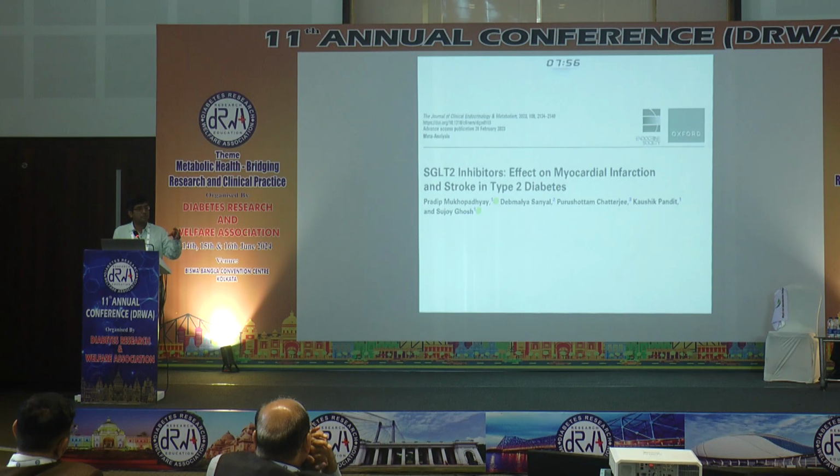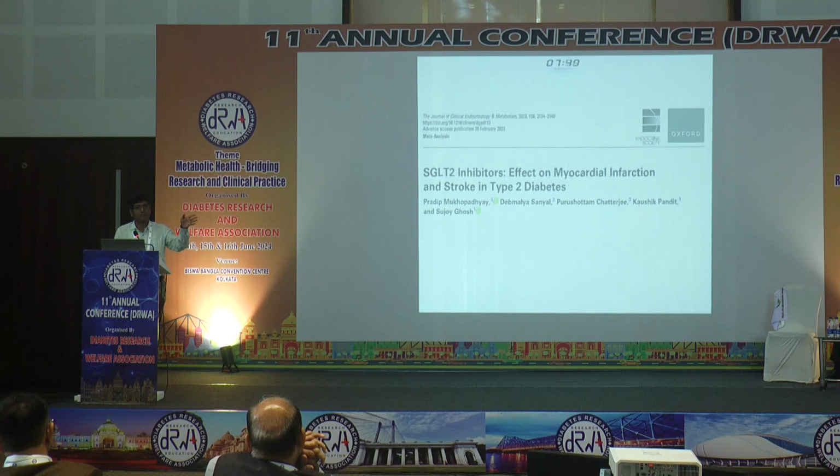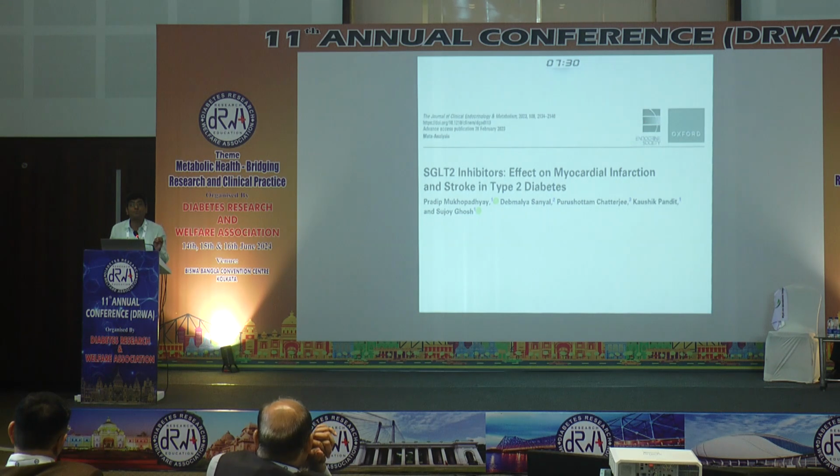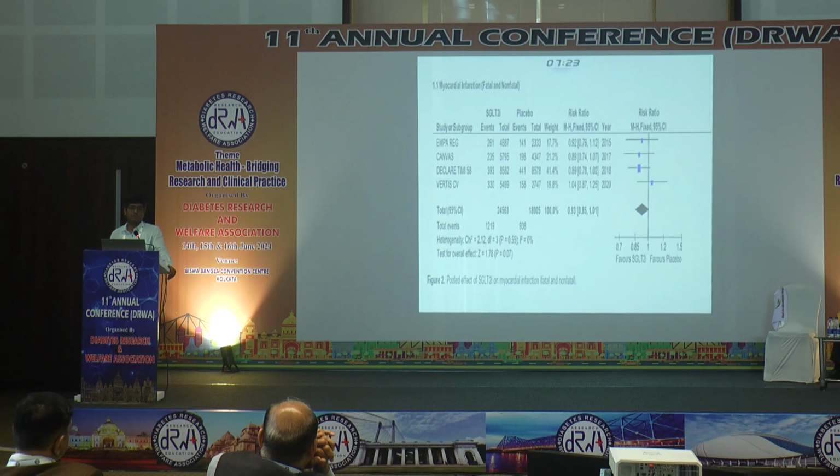There you will find a separate section which tells you so many fatal MI, so many non-fatal MI, so many fatal strokes, so many non-fatal strokes, and so many undefined deaths. So if you look at the defined myocardial infarction, whether fatal or non-fatal, and the defined stroke, fatal or non-fatal, you will get an idea of what happens to myocardial infarction and stroke in patients when they are prescribed SGLT2 inhibitors.